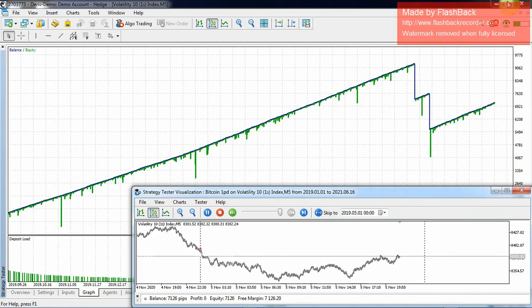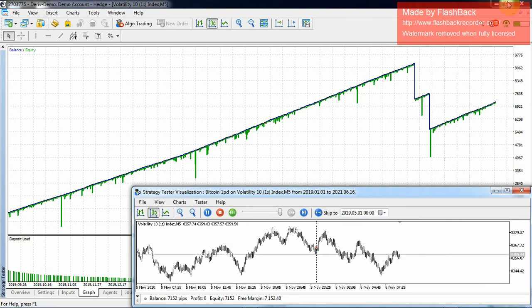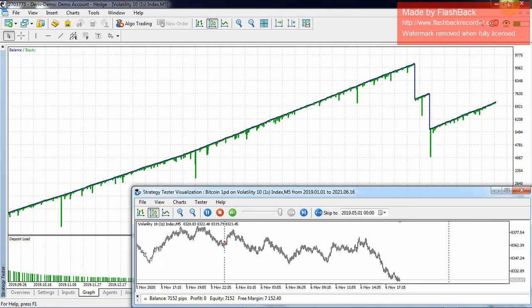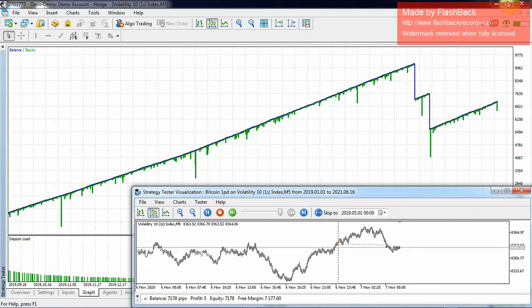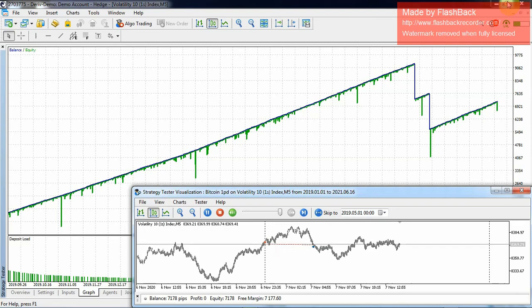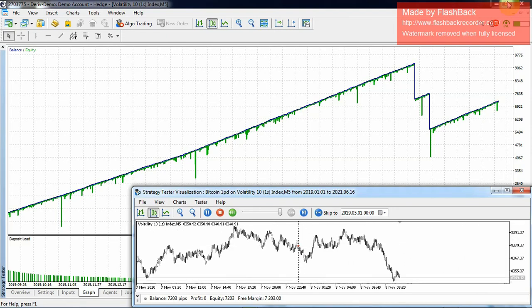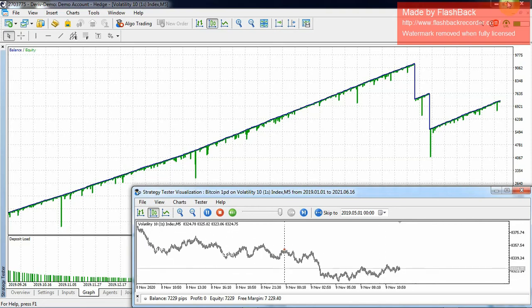5th November, 6th November, we're using a small lot size to compensate for the big stop loss.